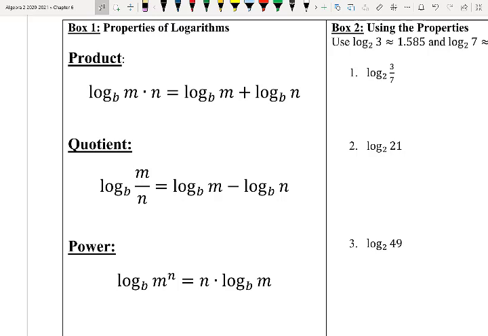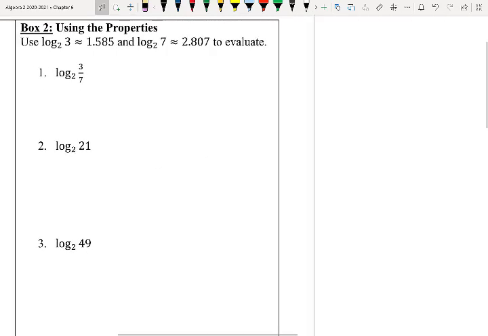So what we're going to be doing today is basically working with those three properties to simplify, rewrite, evaluate, condense, and expand different logs so that they are written in different ways. Over here in box 2, we're given two different pieces of information.